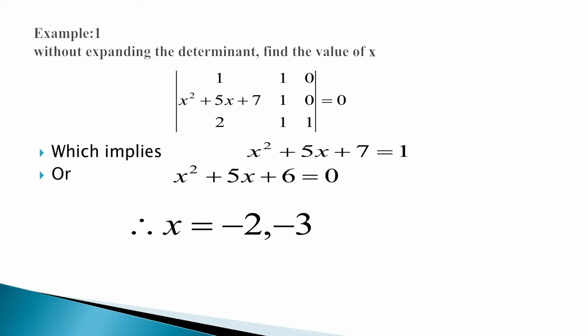This determinant value is 0. From this property, either any two rows are equal or two columns are equal. Since this determinant value is equal to 0, x square plus 5x plus 7 is equal to 1. Solving this equation, we have x equals minus 2 and x equals minus 3.